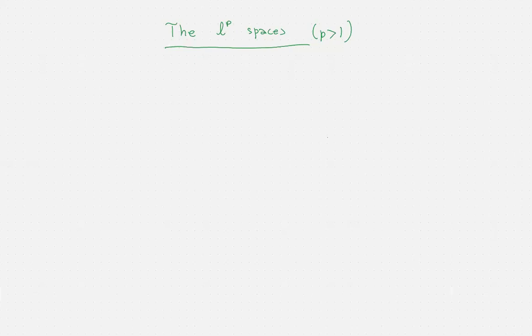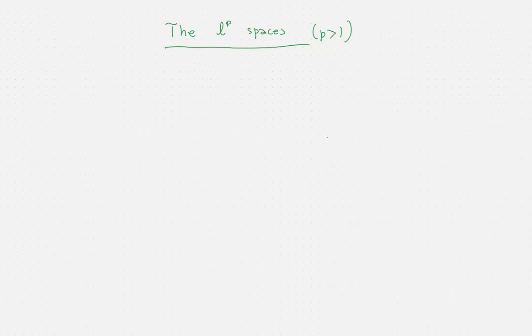In this video, we would like to introduce and discuss the LP spaces. In a previous video, we have already examined the L1 space, for which the main properties are pretty straightforward to check.